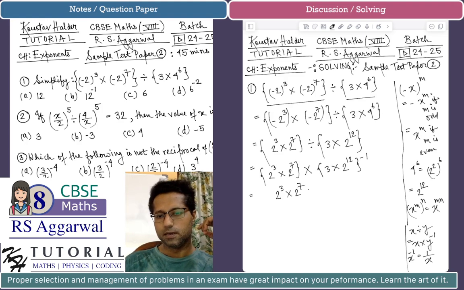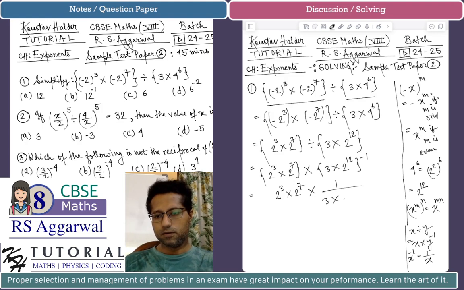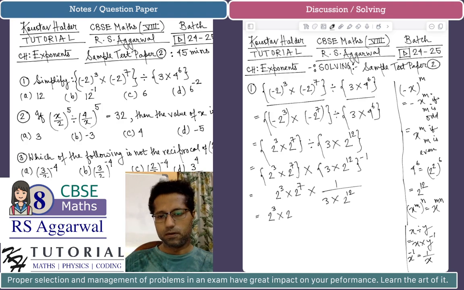So definitely the reciprocal of 3 multiplied by 2 to the power 12 will be 1 by 3 multiplied by 2 to the power 12. So we got 2 cube multiplied by 2 to the power 7 divided by 3 multiplied by 2 to the power 12.